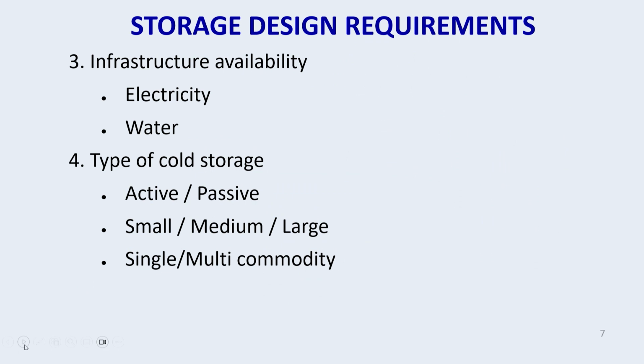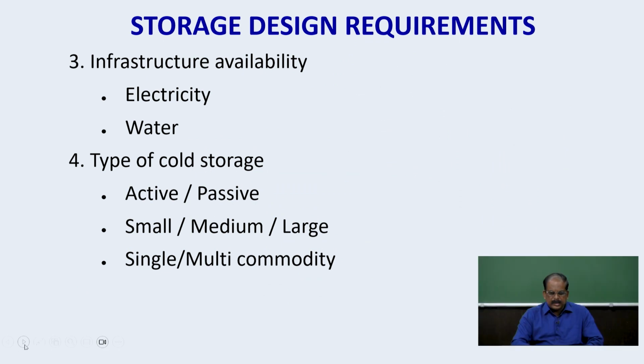Now coming back to the storage design requirements, the third one is the infrastructure availability. Of course, the basic infrastructure facilities such as water availability and electricity should be there. Fourth one is the type of cold storage: active or passive, whether it's an active one or a passive one.